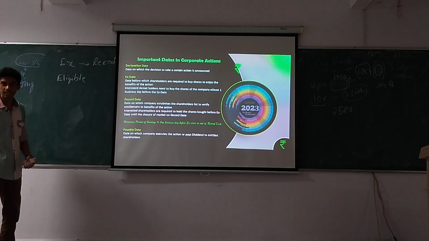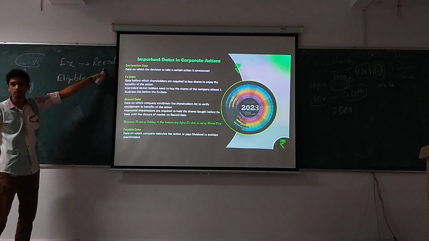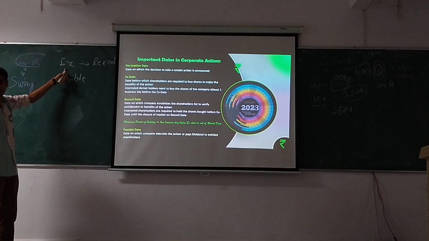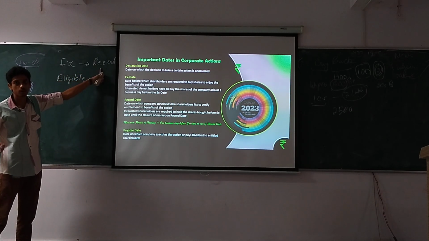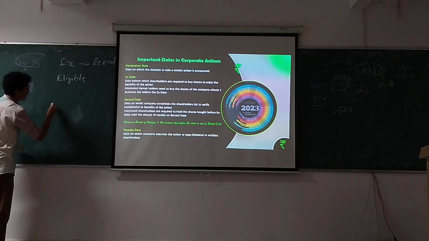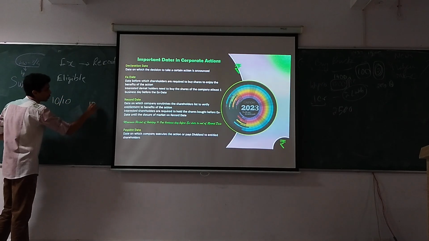You mean the shares have to be in your Demat account from the ex date to record date. This is the minimum time that you have to buy. This is the maximum time that you have to hold. Okay. So let us say the ex date is 10th of October and the record date is 12th of October.